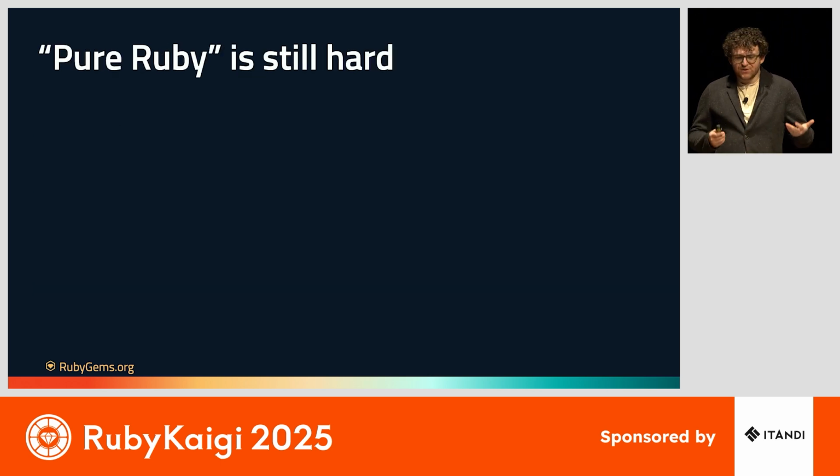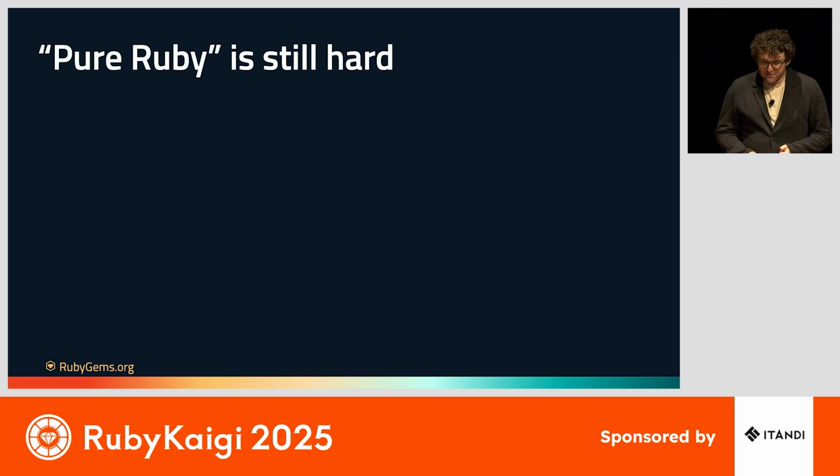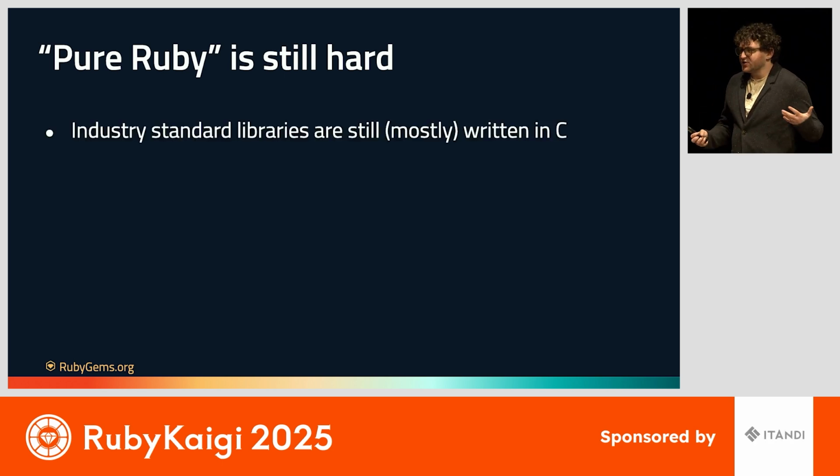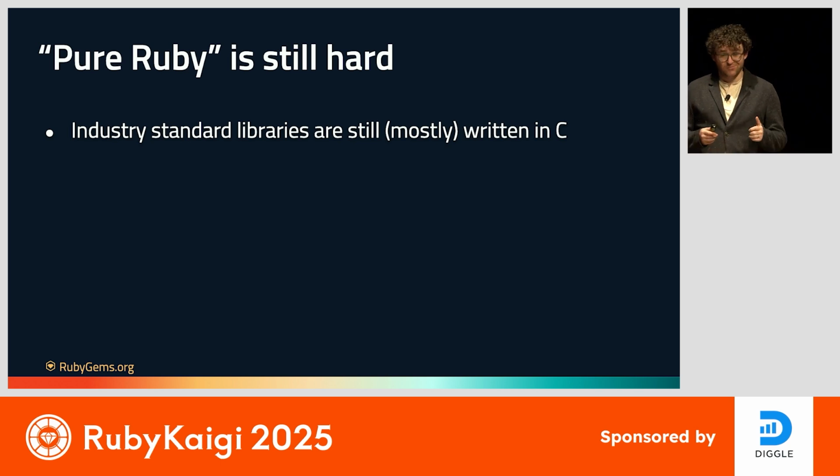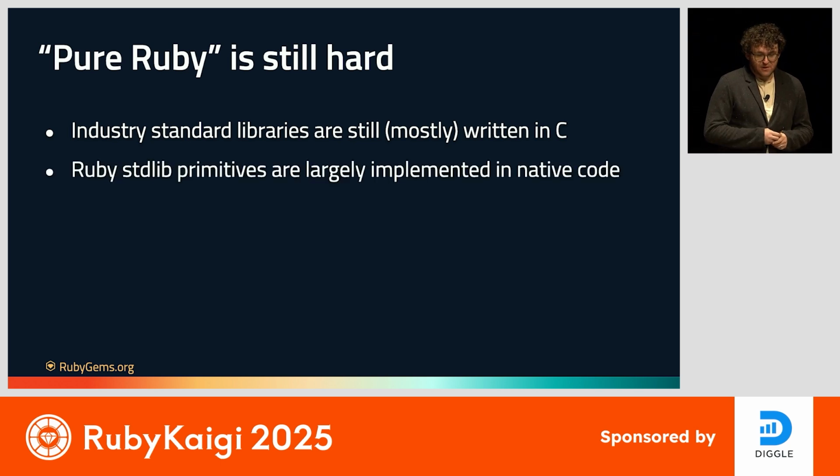But writing pure Ruby is still kind of hard. Industry standard libraries, for better or more realistically for worse, are still mostly written in C. They're not written in Ruby. Ruby standard library primitives are largely implemented in native code, not in Ruby.